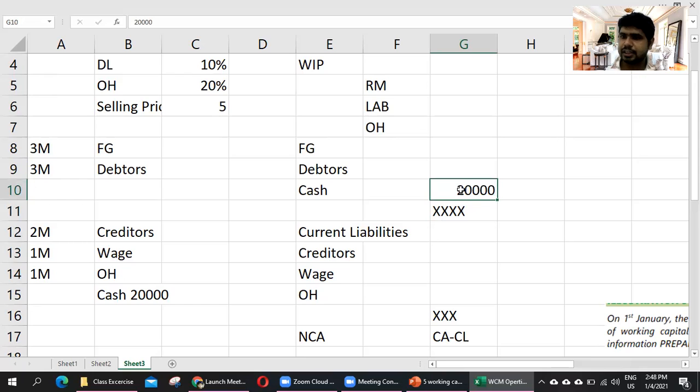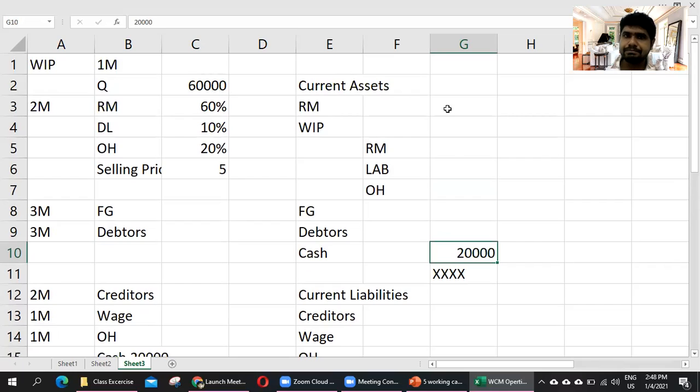We put the figure for cash balance. And we first work out how much raw material stock we have, and how to calculate the annual cost.